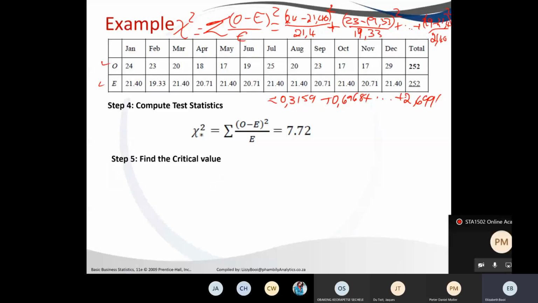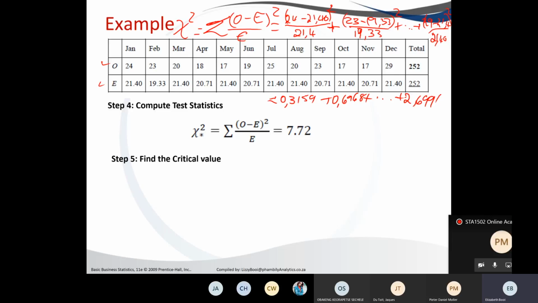The last thing that we need to do now before we make the decision is to go find the critical value. How do we find the critical value? The critical value for this table will be, because there is one row and there are 12 columns, then it's 12.